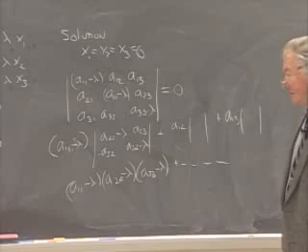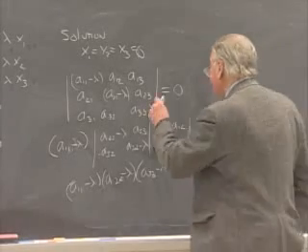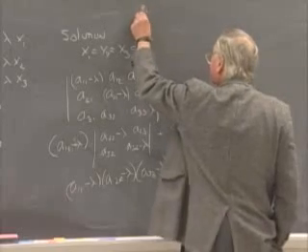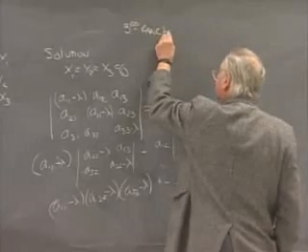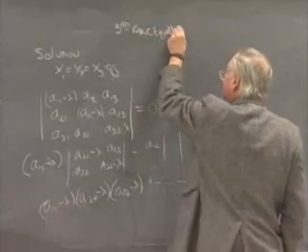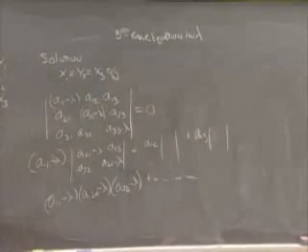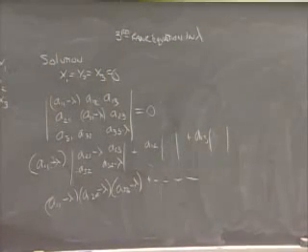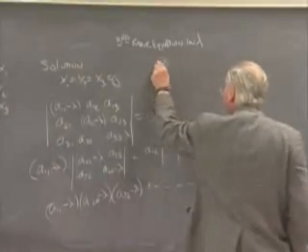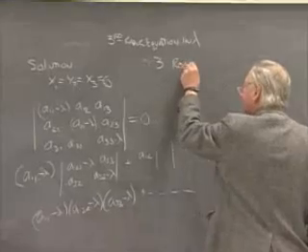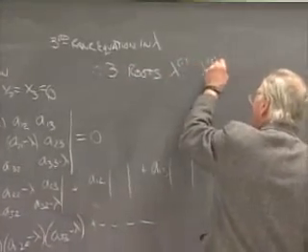The only point I want to draw at this particular juncture is to note that this is a third rank equation in lambda. It's a cubic equation. And what this means is that there are going to be 3 roots. And let's call them lambda 1, lambda 2, and lambda 3.